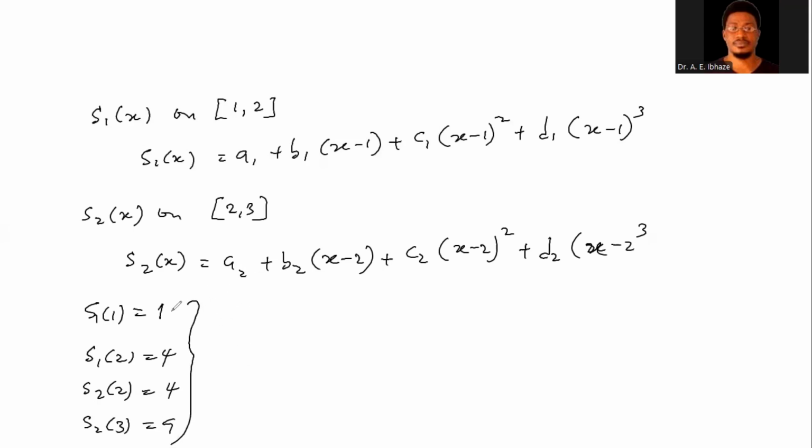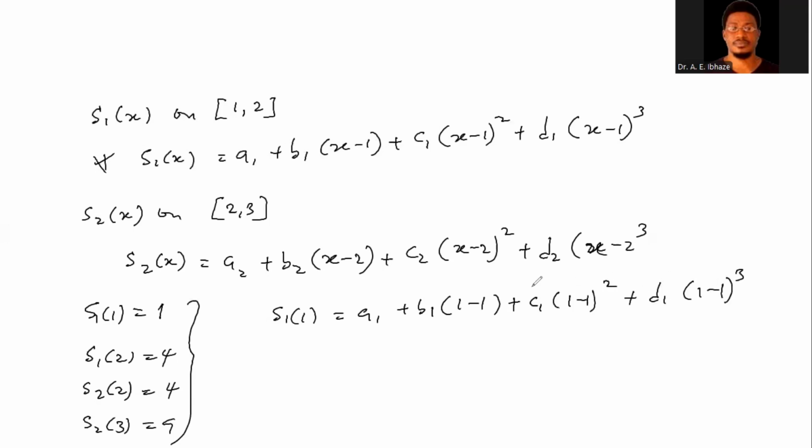So once we plug this in, we now have s1 of 1 being the same as a1 plus b1 into bracket 1 minus 1, plus c1 into bracket 1 minus 1 squared, plus d1 into bracket 1 minus 1 cubed. So this reduces to 0, because 1 minus 1 is 0. And this is the same as 1, so that a1 is the same as 1.